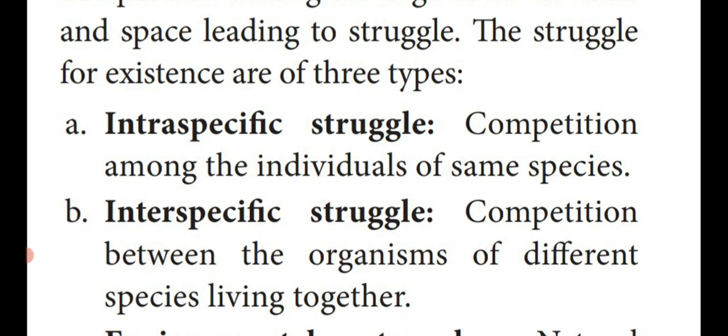That type of competition is known as inter-specific struggle. That means the competition takes place between different species which are living together. So the forest is the best example for inter-specific struggle. So these are two types of struggle for existence.